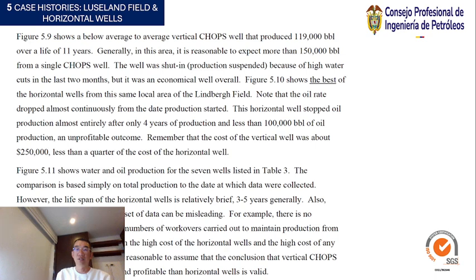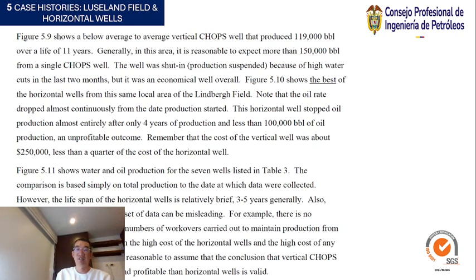Note that the oil rate dropped almost continuously from the date production started. This horizontal well stopped oil production almost entirely after only 4 years of production and less than 100,000 barrels of oil production, an unprofitable outcome.